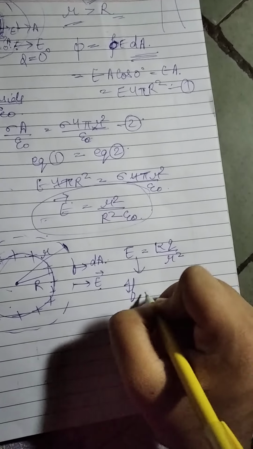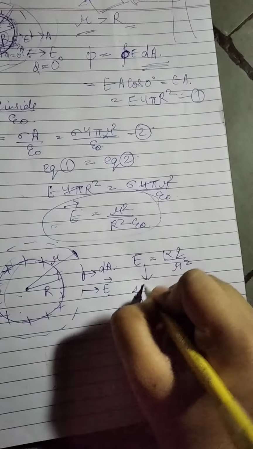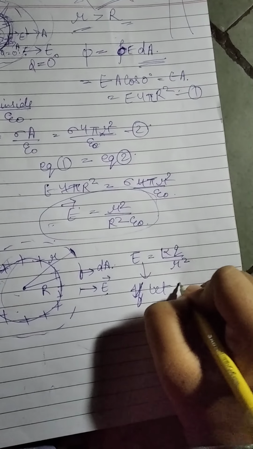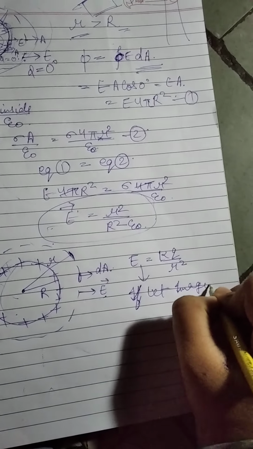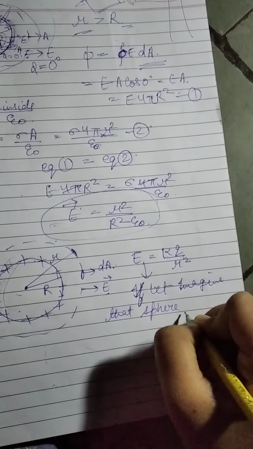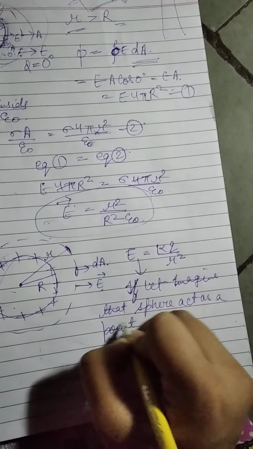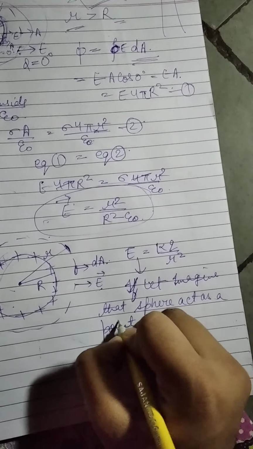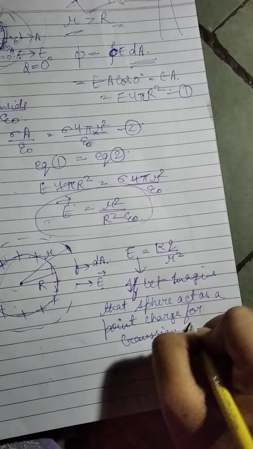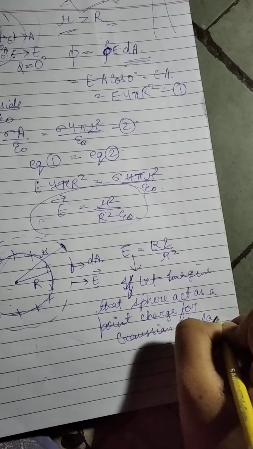Write the reason that cut this. Let's imagine that sphere acts as a point charge for Gaussian surface, then in this case only the formula of electric field will be this.